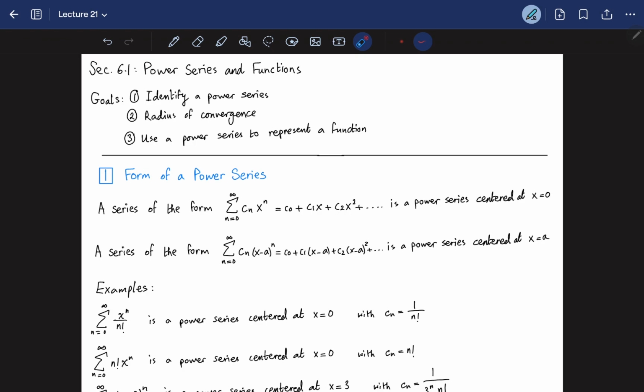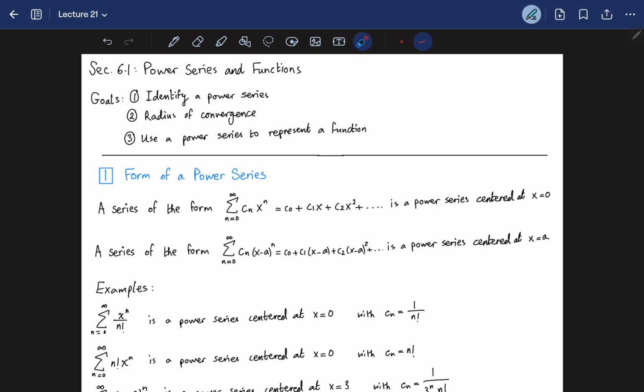Now we call this a power series centered at x equals 0, because here, x does not have any numbers subtracted from it. If we have a power series of this form, this is a power series, but it's centered at x equals a.